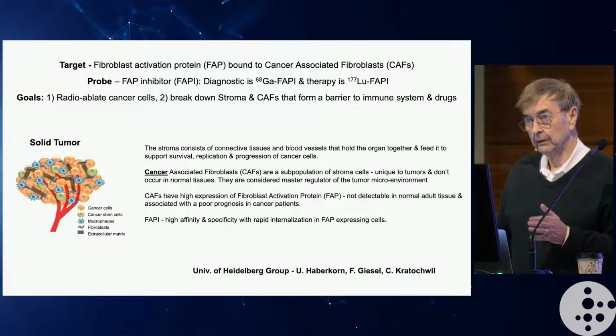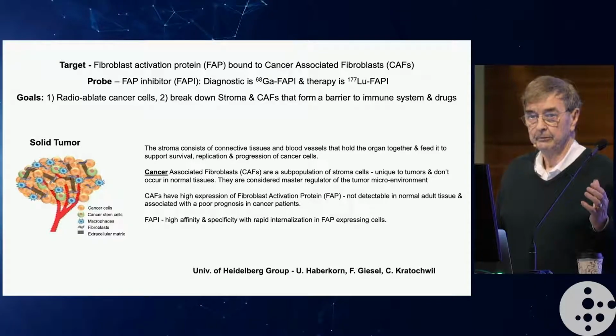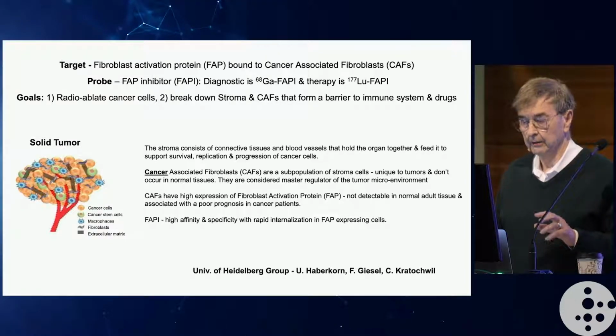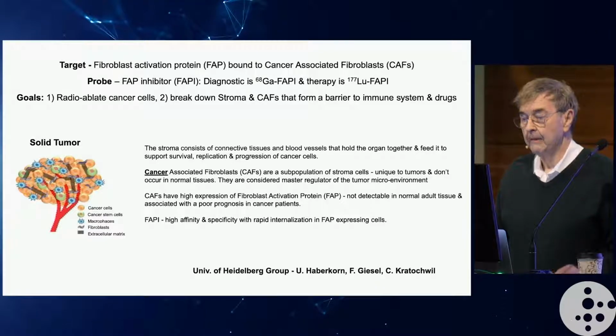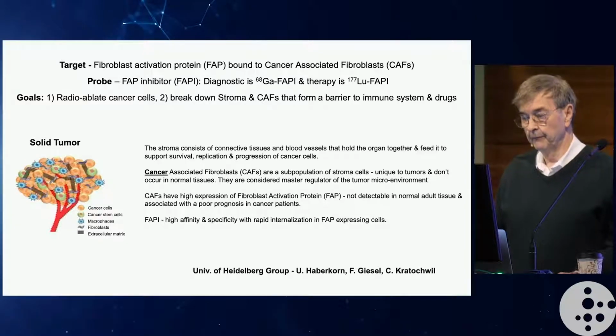So the goal in theranostics is basically blow up the tumor. So 2 objectives are going to radioablate cancer cells like we showed before, but then break down the stroma.